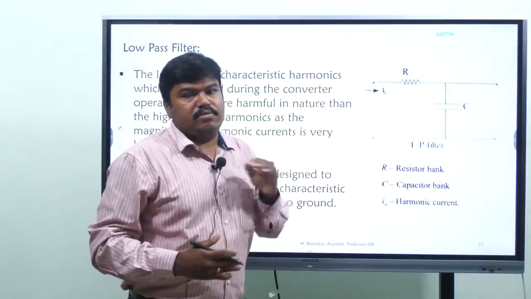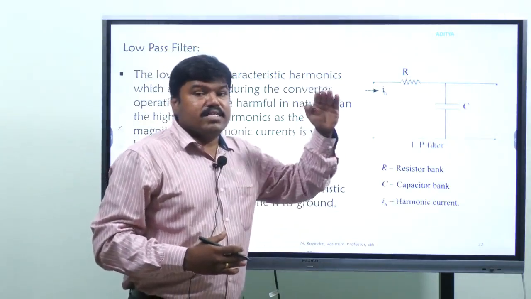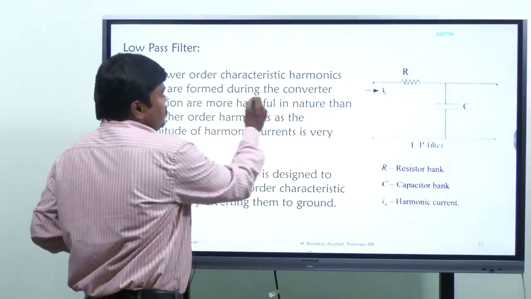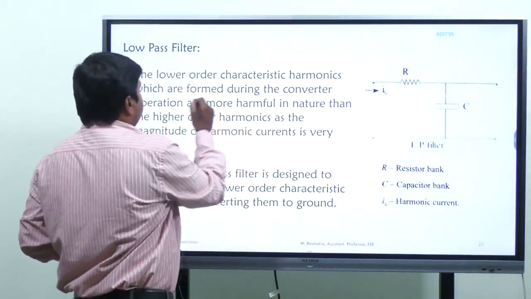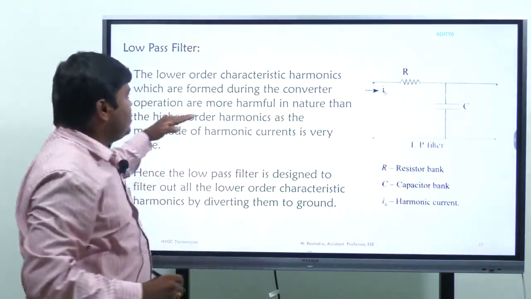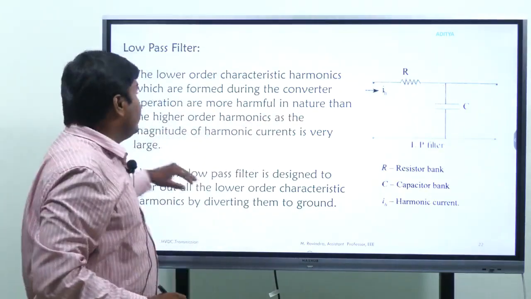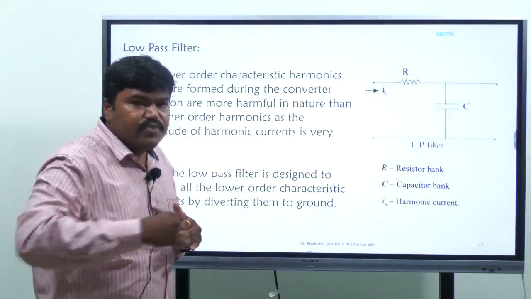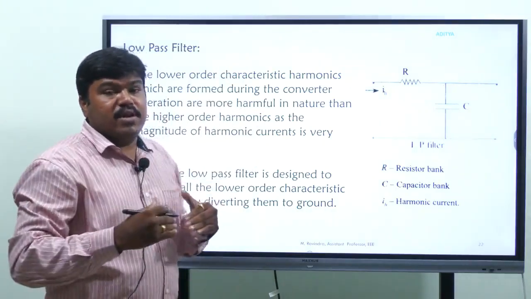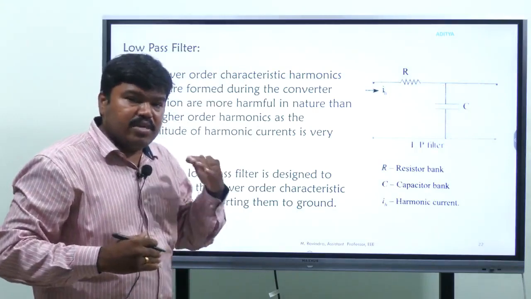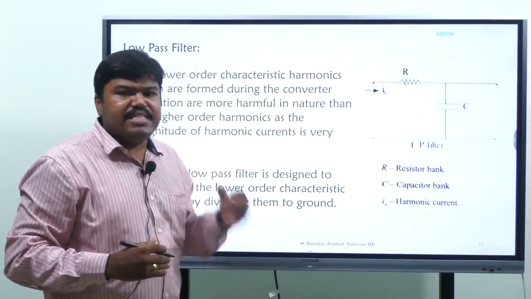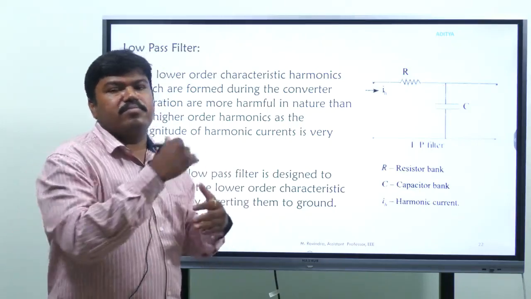The lower order characteristic harmonics formed during the converter operation are more harmful in nature than higher order harmonics. The lower order harmonic, that is the third harmonic, is most severe. That means it is more dangerous compared to the fifth and seventh harmonics, right?